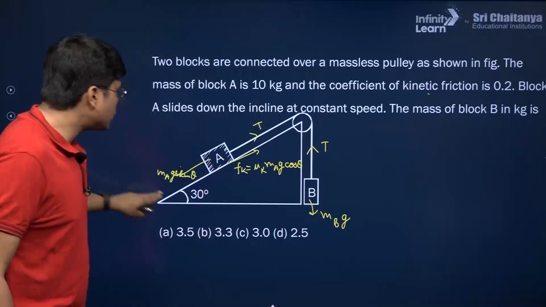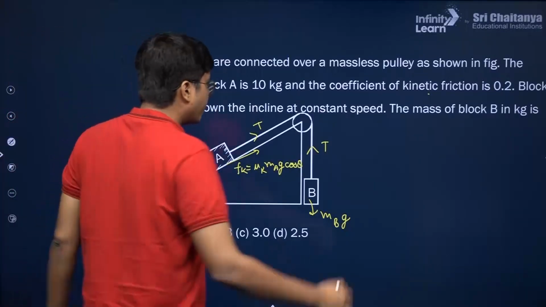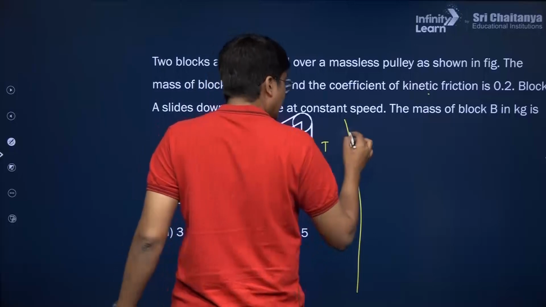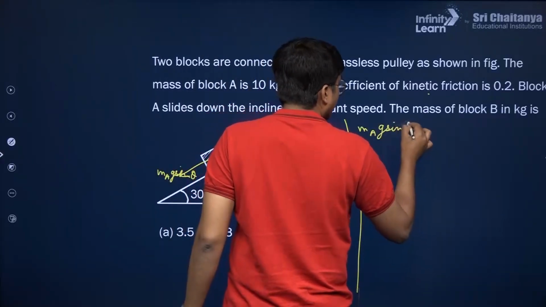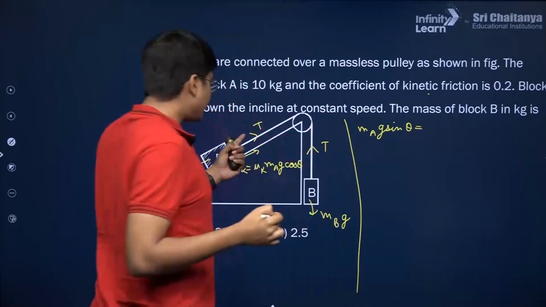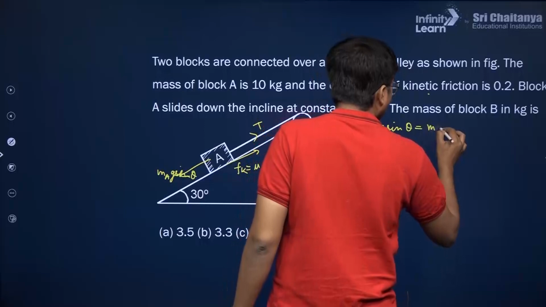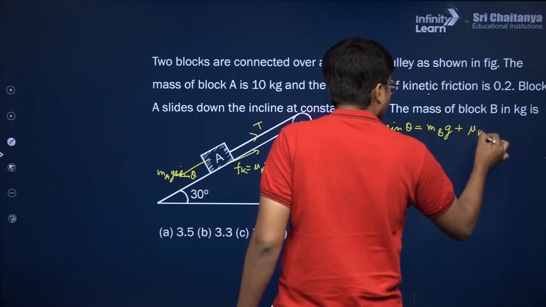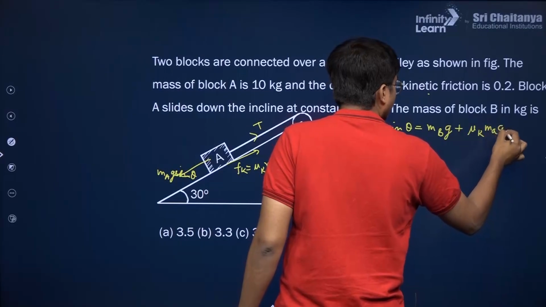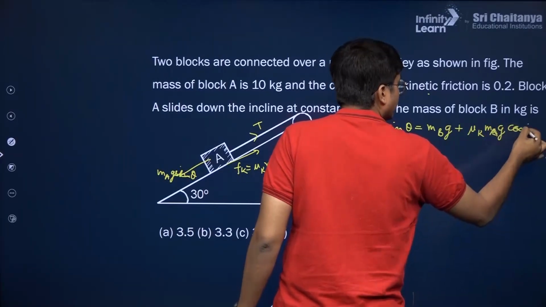So we equate the forces on point A. If we do that, we'll get MA G sine theta is equal to T, which we can replace directly with MB G, plus mu k MA G cos theta. Okay, this is capital A, MA G cos theta.